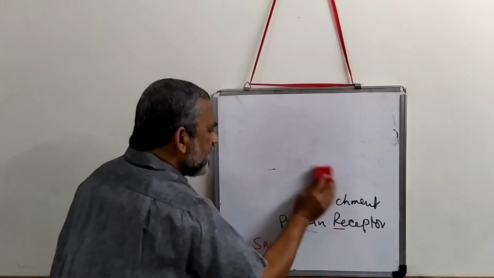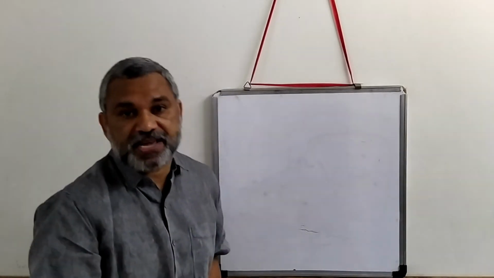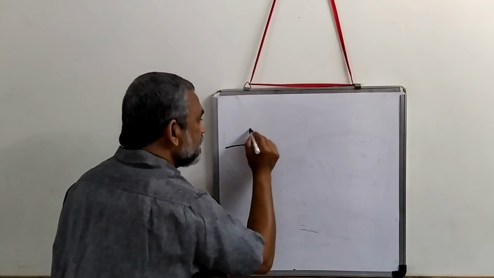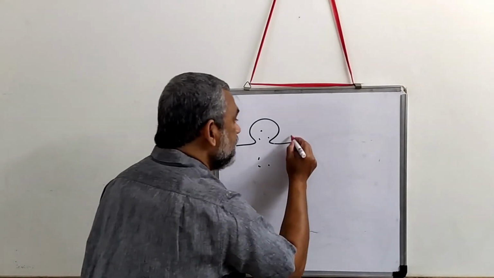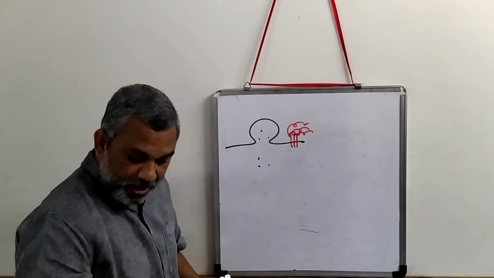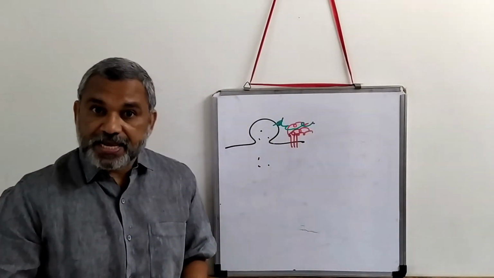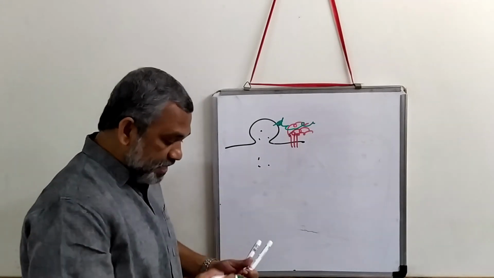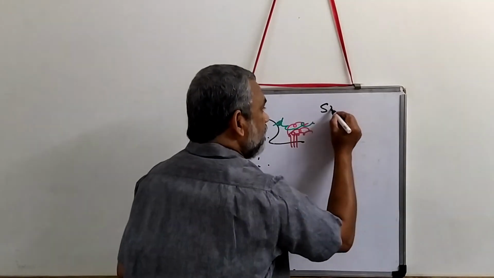So in order to recycle, especially the V SNARE, we have a diagram right now. The vesicle has been fused and the contents have been released, and we have the T SNARE, which is forming a kind of link with the V SNARE. This has to be separated. How to separate this? It is in order to separate that we have the SNAP protein.